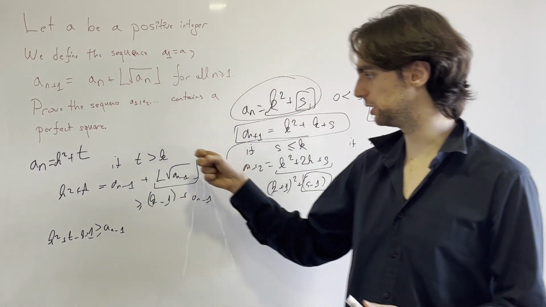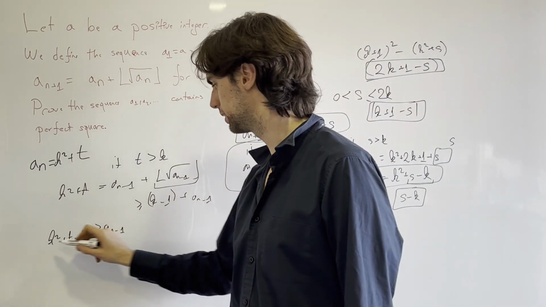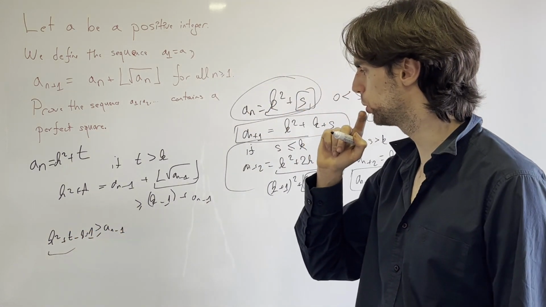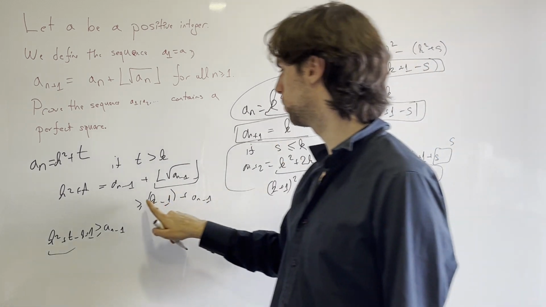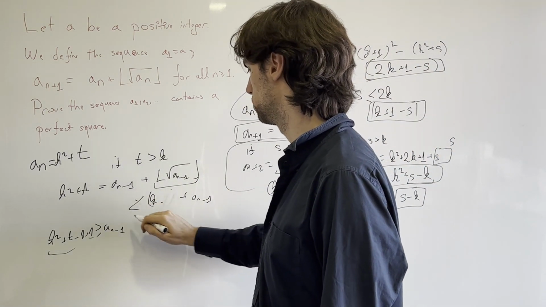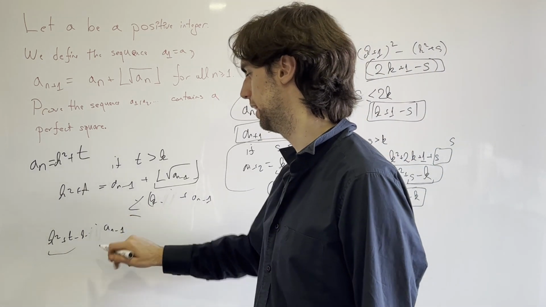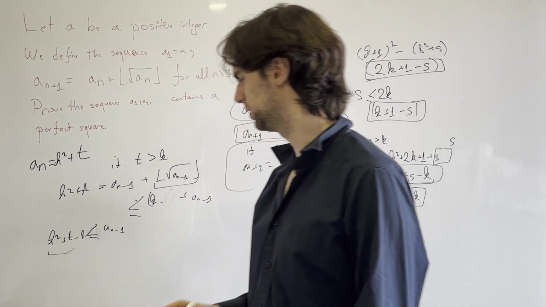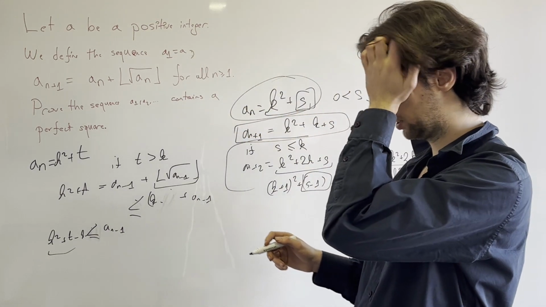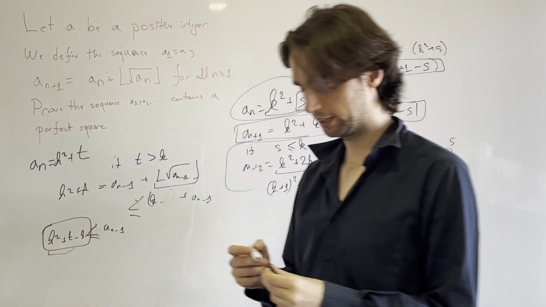Now, if t was greater than k, we would have this be the case, but this is not actually the bound we want. We want a bound where this is less than or equal to k plus this. And now we have this: a_{n-1} is going to be greater than or equal to k squared plus t minus k.